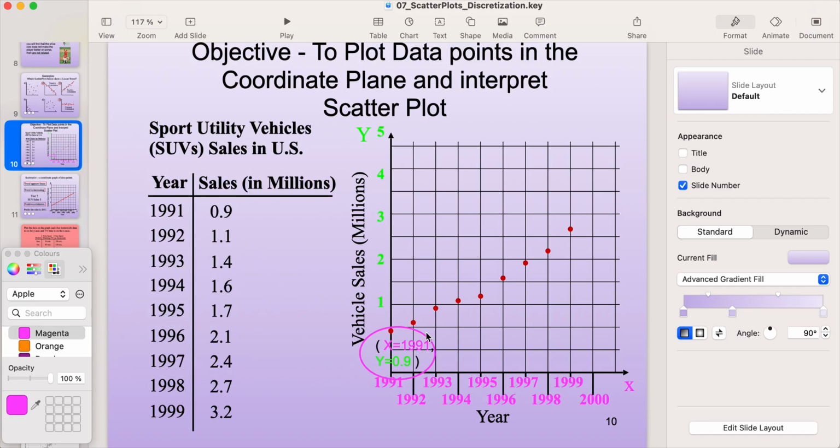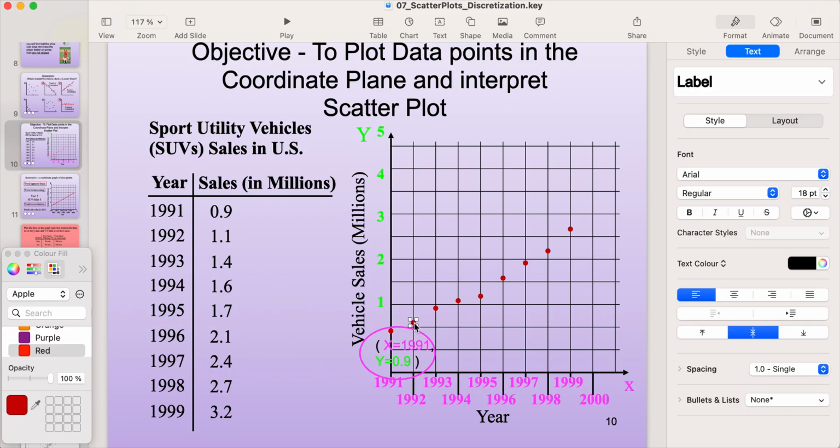Alright, so how about this point? Why is this point right here? Because it has 1992 for x and 1.1 for y.